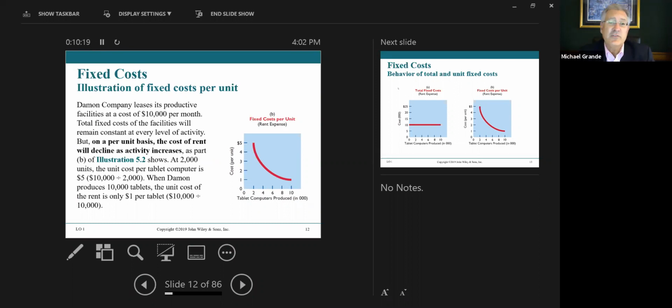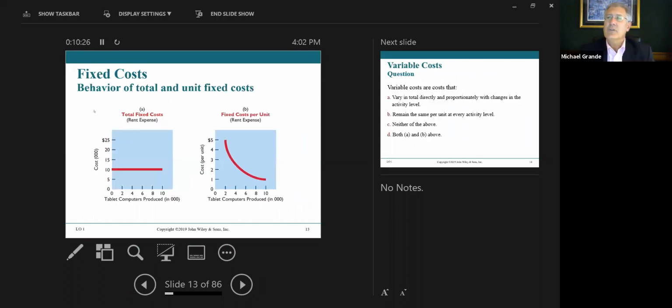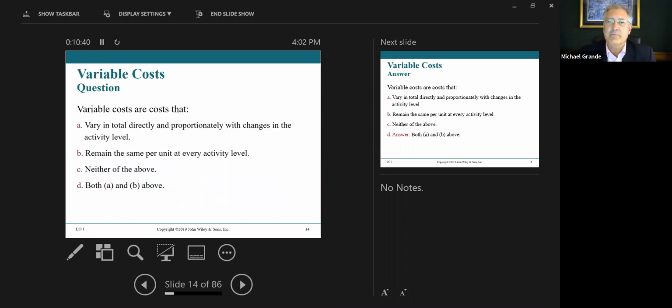But when they produce 10,000 tablets, the cost per unit drops to $1. So what's important here with regard to fixed cost is the total cost stays the same regardless of activity. But on a per unit basis, as the number of units goes up, the cost per unit goes down.